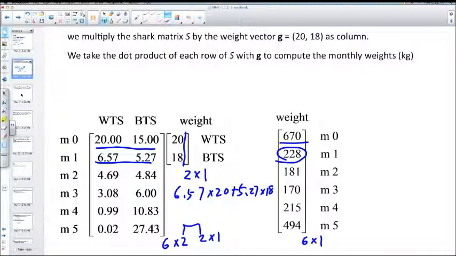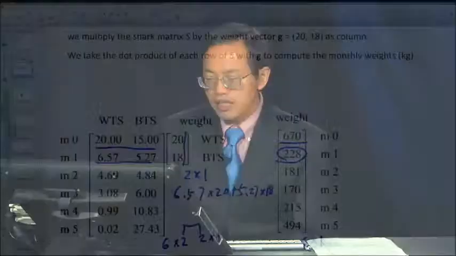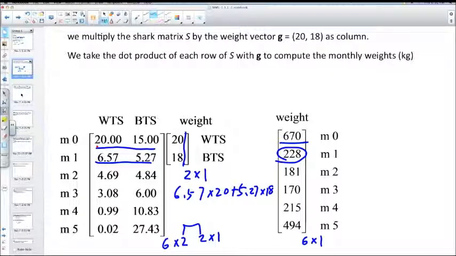We extended the concept of the dot product to matrix operations. And what you should observe is that the number of columns in the first matrix equals the number of rows of the second matrix, because these two need to match in the dot product.